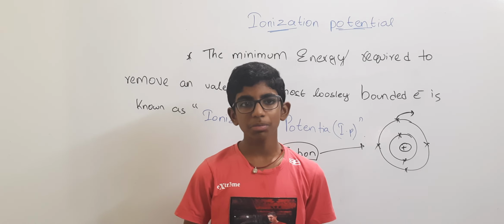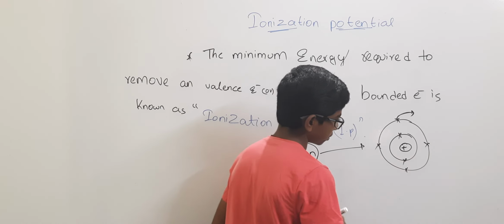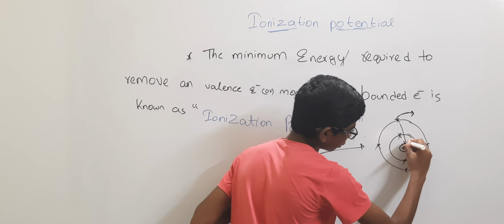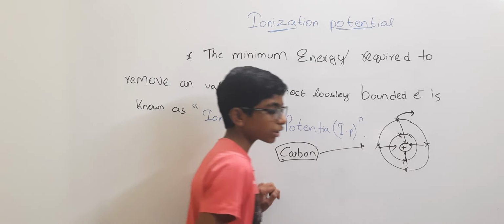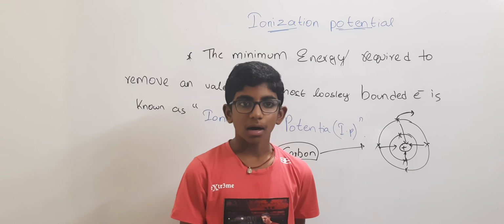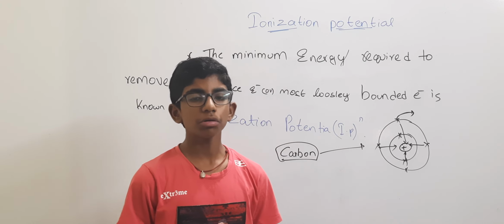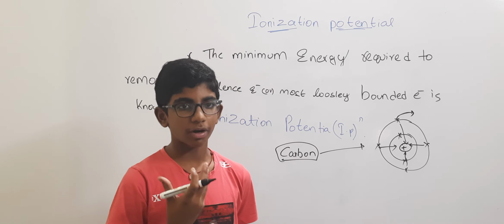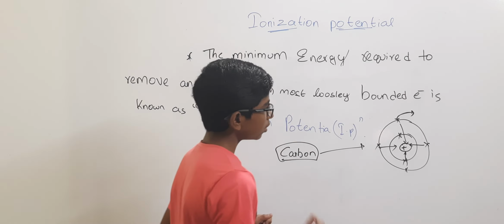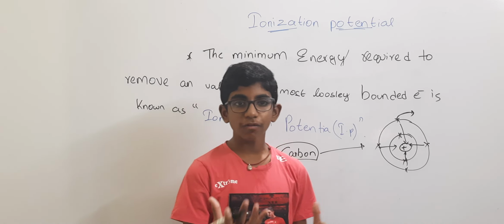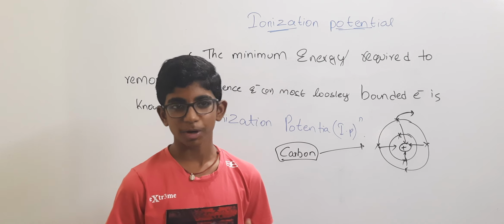Why do you need energy to remove an electron from an atom? In an atom, this is the nucleus, and the electron is attracted toward the nucleus. To overcome the attractive forces of the nucleus, the electron must be removed, so we require some energy. So more attractive force means more ionization potential energy, and less attractive force means less ionization potential energy.